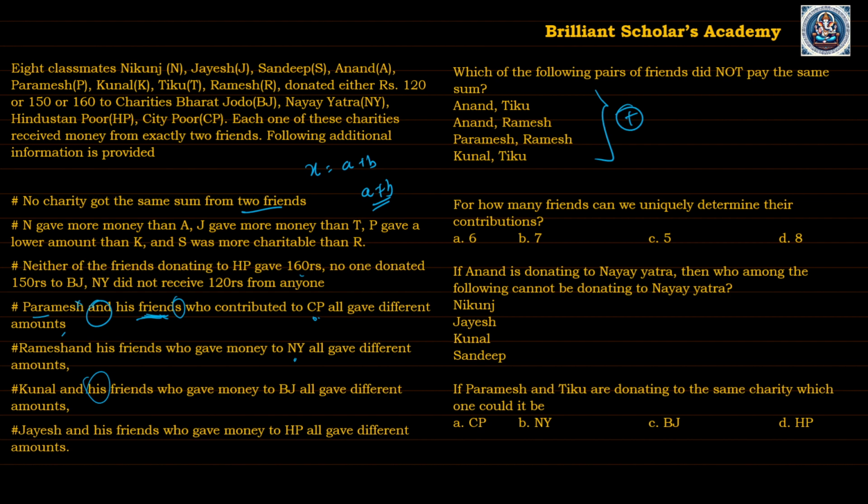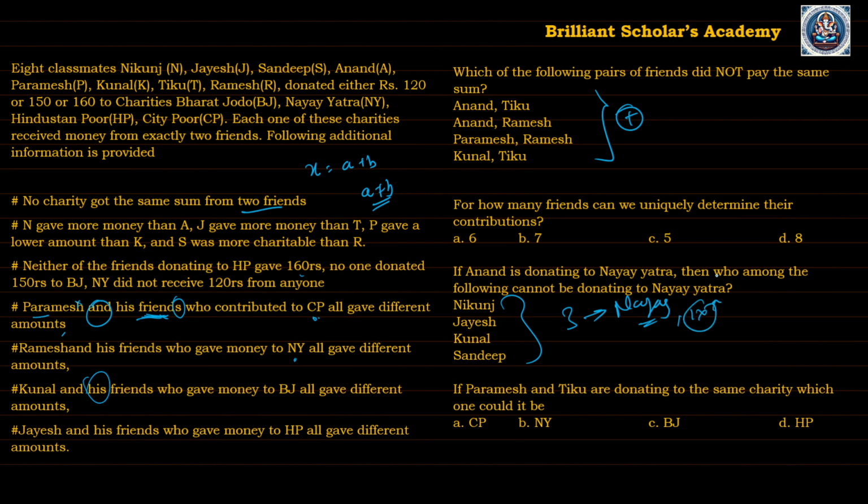If Anand is donating to Nyaya Yatra, who among the following cannot be donating to Nyaya Yatra? Okay. So if Anand is giving to Nyaya Yatra, out of the 4 options, 3 people can donate. That means there are multiple possibilities. One of them cannot donate to Nyaya Yatra.